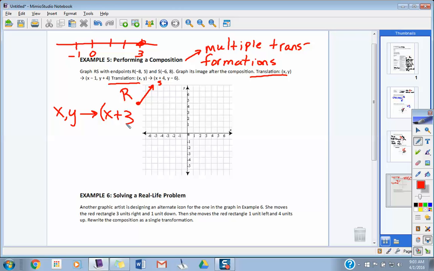Well, what's the change overall when you combine those two movements from where you originally were? Down 2 more, right? So really, guys, these two translations put together are a single translation. Add 3 to x, or move right 3. Subtract 2 from y, or move down 2.